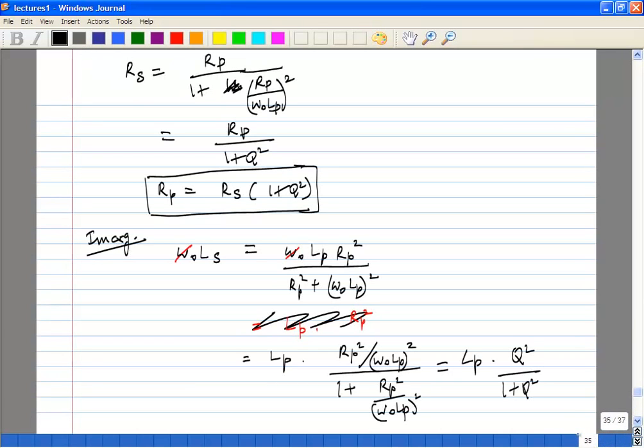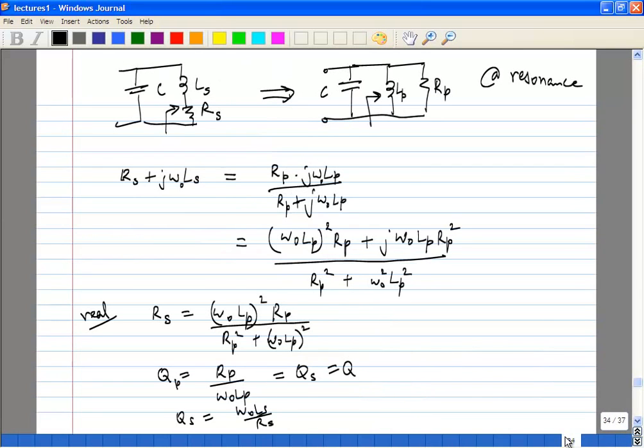The resonant frequencies? The resonant frequencies will be identical for the two. In fact, you are trying to equate the two circuits at resonance, right? Yes. So the actual resonance happens at C in parallel with LP, not with LS. That will be the actual resonant frequency. See, remember that this is a complex resonant circuit, right?